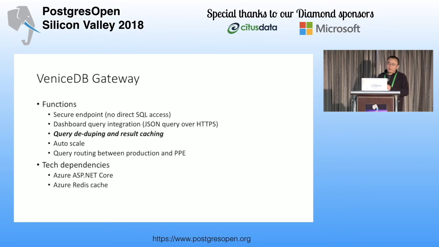So I would also cover a bit about the gateway. I just want to call out two points. First, we're using the Azure Redis cache service to do the result caching. This is pretty typical. Another trick, for people implementing an executive decision dashboard, is what I call concurrent query deduping.